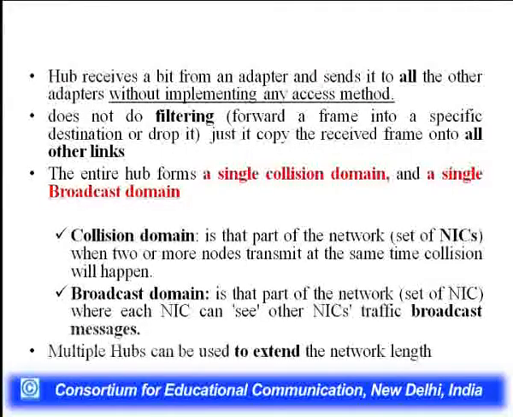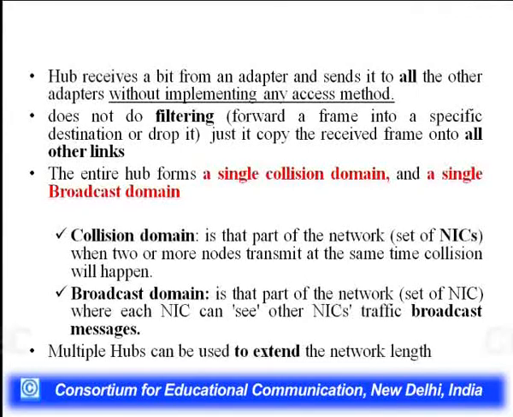Hubs also are a physical layer device, so they work at the physical layer of the OSI model. So when the hub receives a data packet from any of the LAN, it just does not do any kind of filtering and it copies the frame into all the other links. So the entire hub forms a single collision domain and a single broadcast domain.